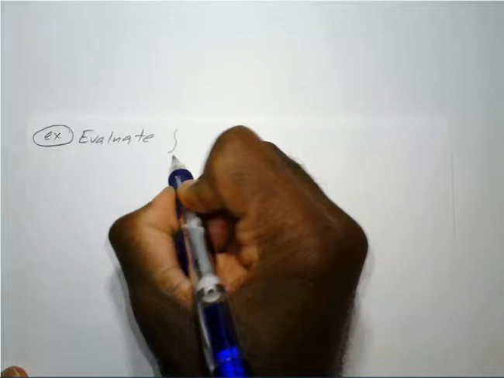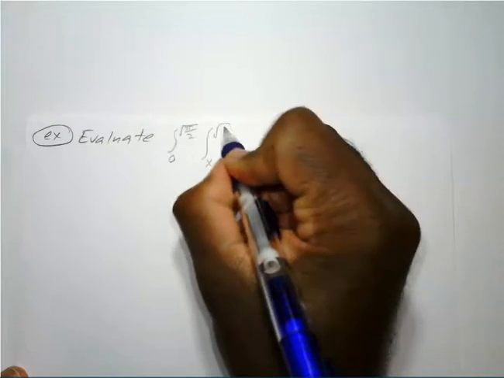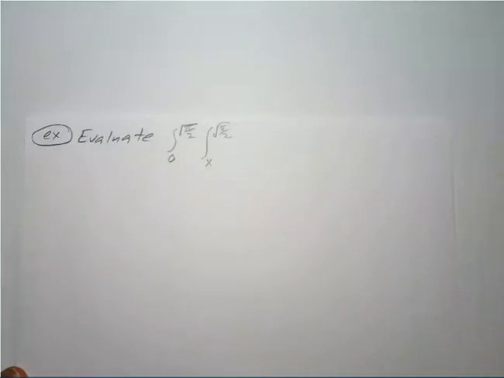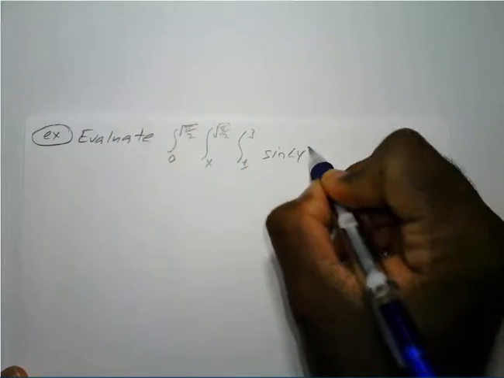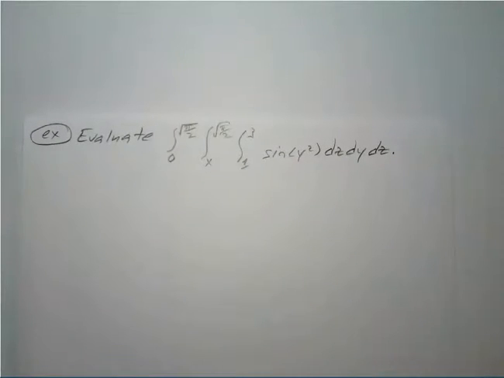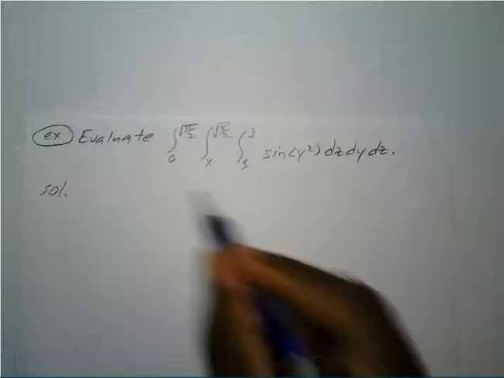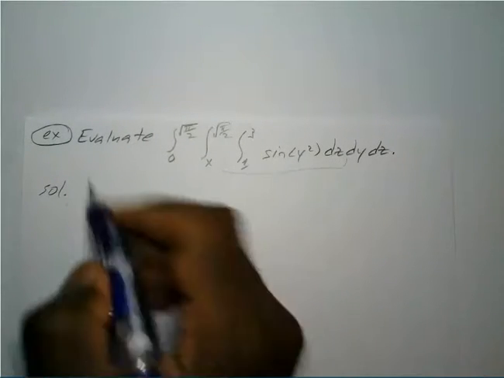Okay, so we're going to evaluate the integral from 0 to square root of pi over 2, from x to square root pi over 2, and from 1 to 3 for sine y squared dz dy dx. Okay, so if you notice here, our z would have to go from 1 to 3.